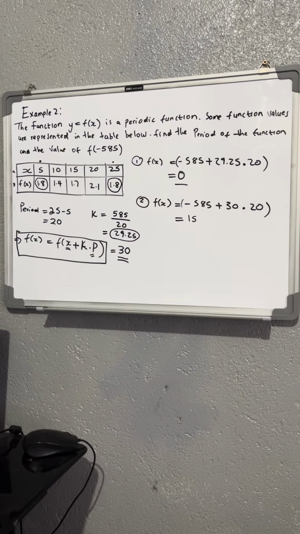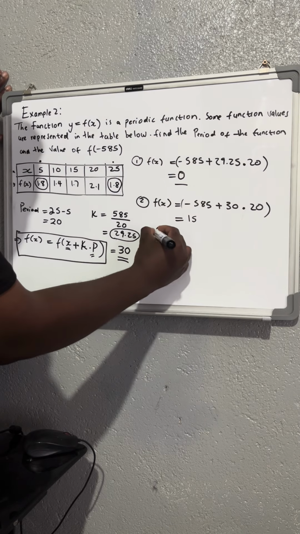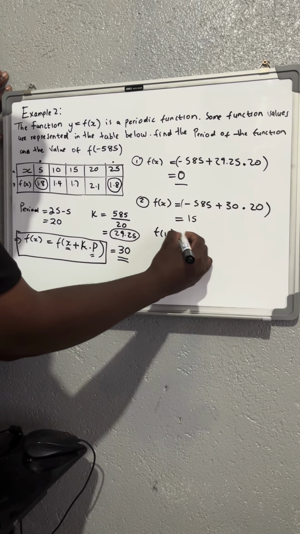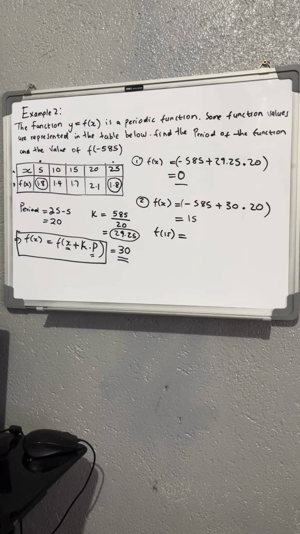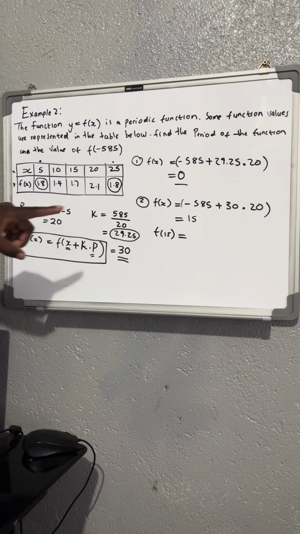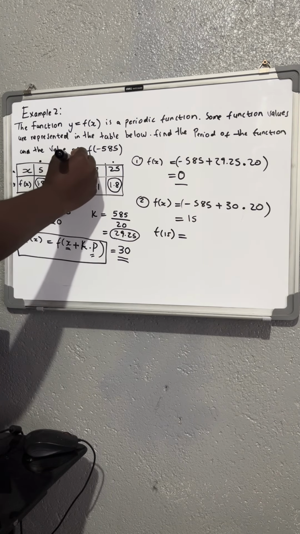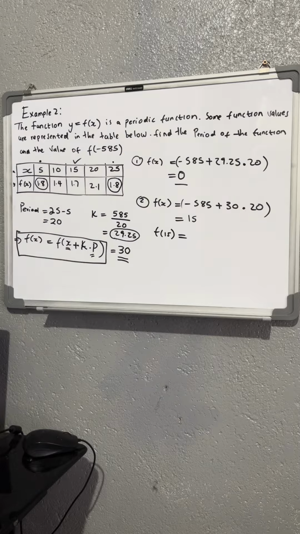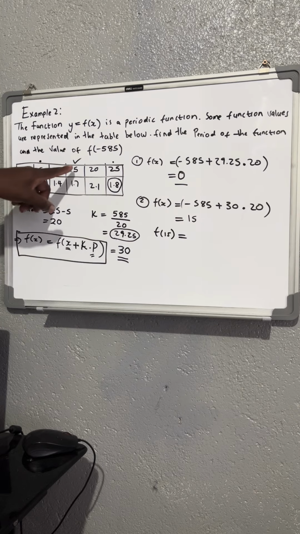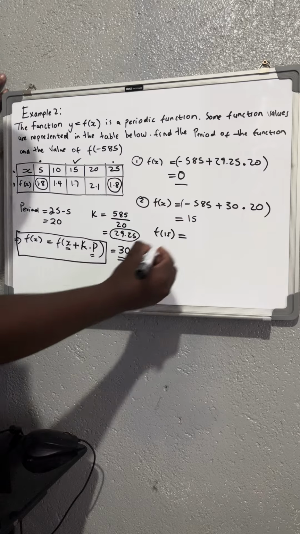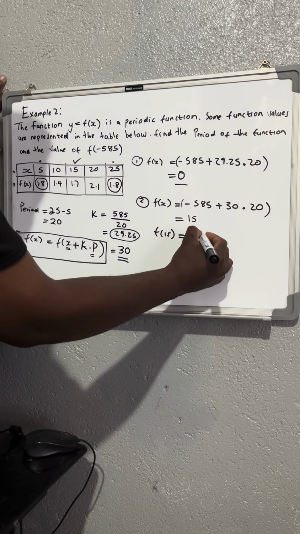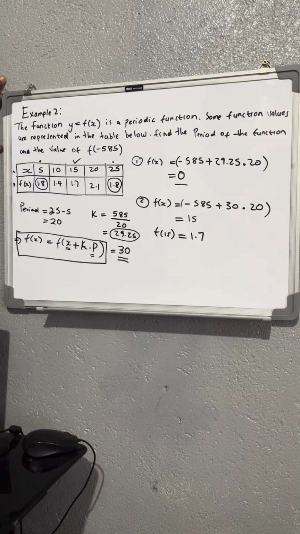If you get 15, then you read from the table what f of 15 gives you. You have 15 is indeed in the table. Then you read what your f of 15 gives you. It gives you 1.7.